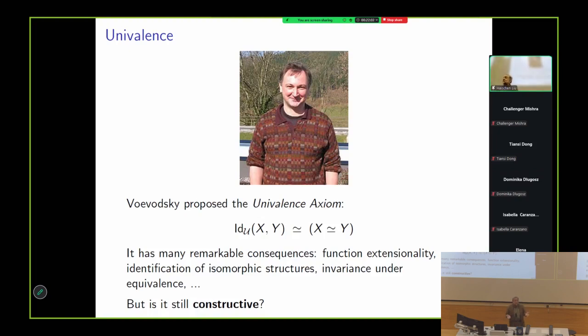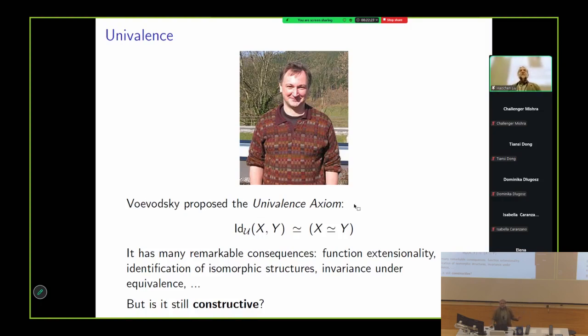In doing group theory, you identify isomorphic things without a second thought. But the foundations of mathematics don't usually allow you to do that. The foundations of mathematics would prevent you from formally identifying isomorphic things. So Voevodsky's principle says, go ahead, as long as you're working in type theory, it's okay to identify isomorphic things.